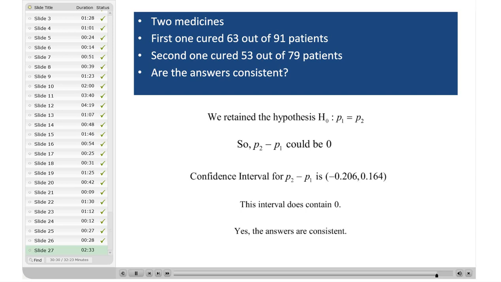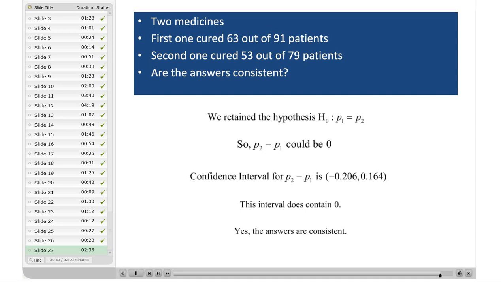Let's look at the confidence interval. The confidence interval for P2 minus P1 is anything between negative 0.206 and 0.164. Notice this shows us that P2 minus P1 could be negative or it could be positive. So we don't actually know which medicine is better. If P2 minus P1 is positive, then the second medicine is better.